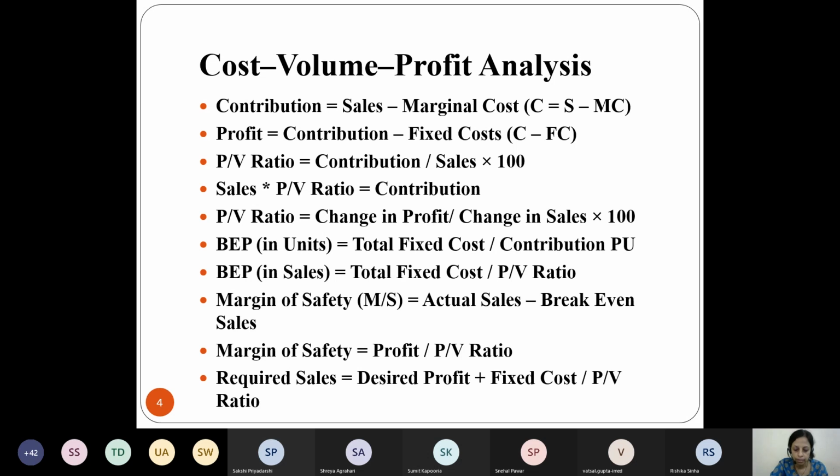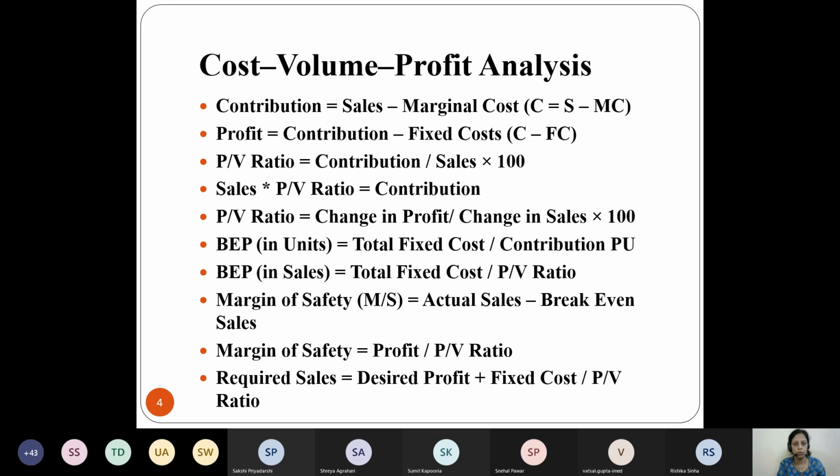So we will see what is break-even point in units. Total fixed cost upon contribution per unit is called break-even point in units. How many units you are required to sell to reach the break-even point? That is called break-even point in units. Now break-even point in rupees or sales or value. There are two ways.